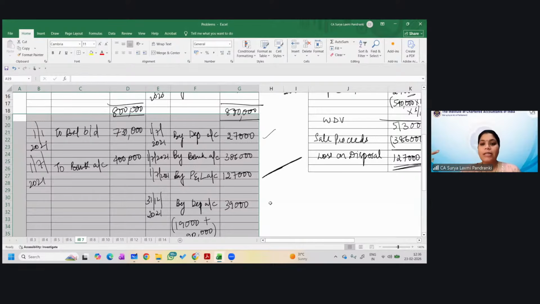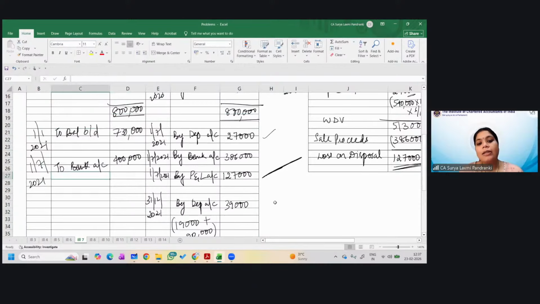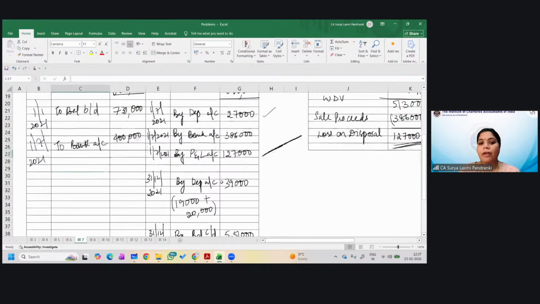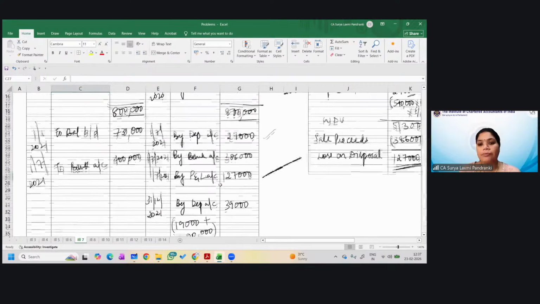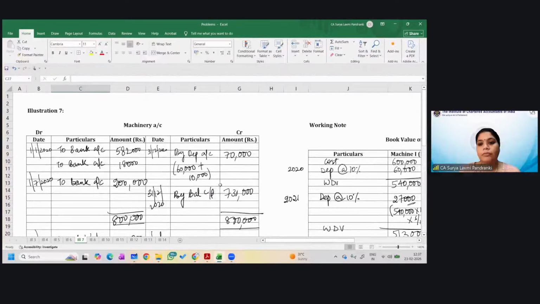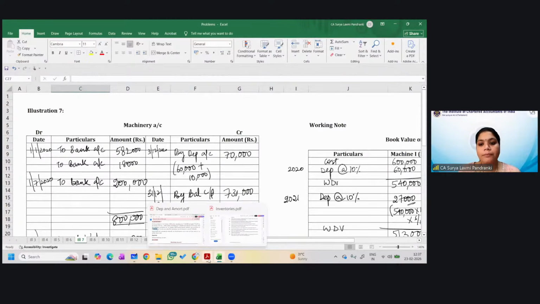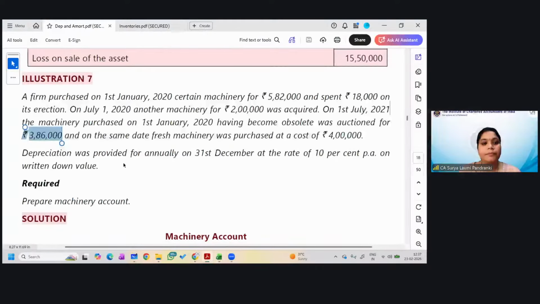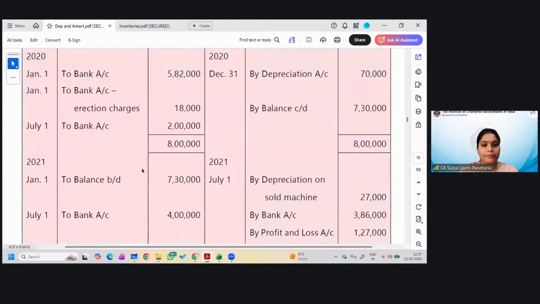Then whatever sale proceeds are there, that has to be recorded, and profit or loss on that also has to be recorded separately. Once that is done, you will know the balancing figure in that machinery account. I'll move on then. This is done.